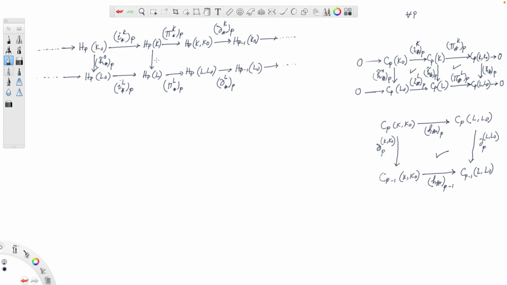This is H tilde star at P. This is H star at P. This is the group homomorphism of two relative homology groups, and this is again back here H tilde 0, but in the dimension P minus 1 now.